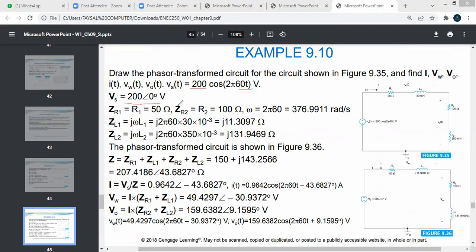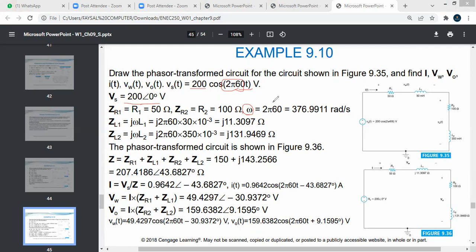Then R1 and R2 will be the same, and omega equals 2 pi 60. So 2 multiplied by 3.14 into 60. So this value is 376.9911. This is the value for omega, that is my angular velocity.